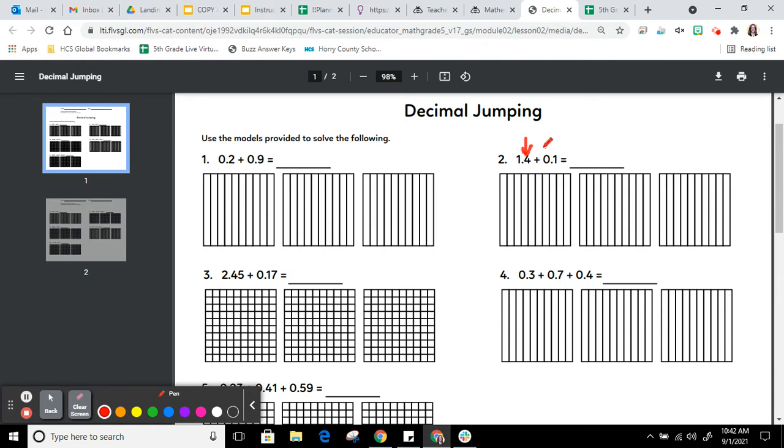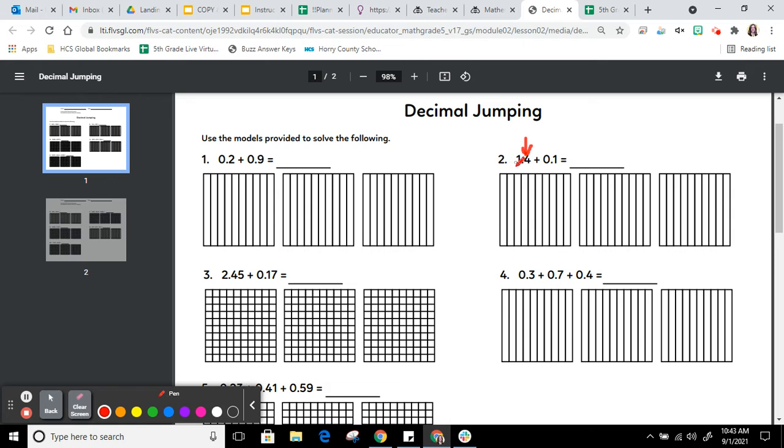The number before the decimal is a whole number. We have one whole. So we're going to shade in this box because this whole box represents one whole. There are 10 tenths inside this whole box, which means that 10 tenths equals one whole.